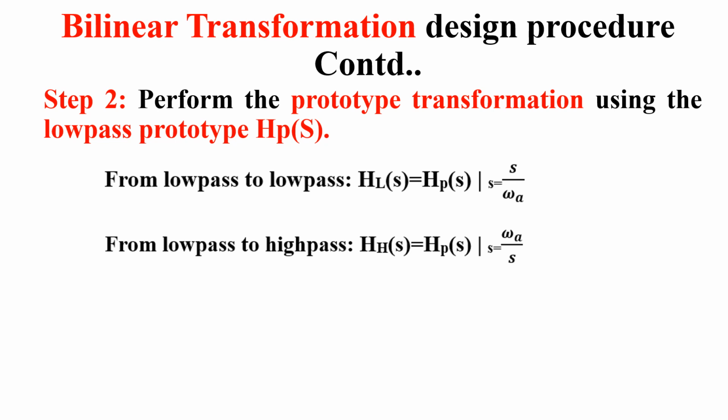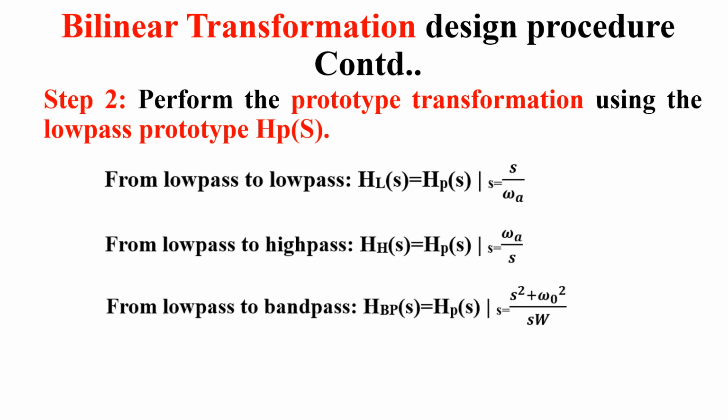If it is asked to design a high pass filter, what I initially designed is a prototype low pass filter. So now I need to convert that into a high pass filter. H of S is equal to HP of S. So what I have to do, I have to replace every S with omega A divided by S. Similarly, if I want to design a band pass filter from the low pass prototype filter, what should I do?